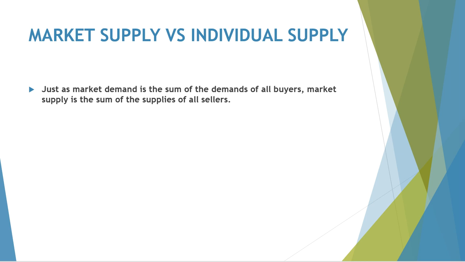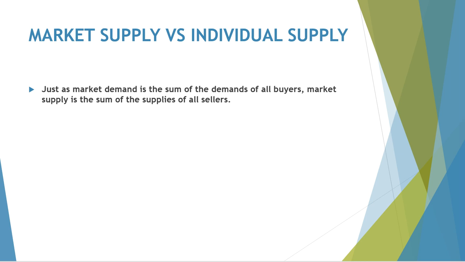So next, let's talk about market supply and individual supply. This is the same as in demand. In demand, we have learned about individual demand and market demand. Individual demand is derived individually, whereas market demand is derived by combining a few of the individual demands together.